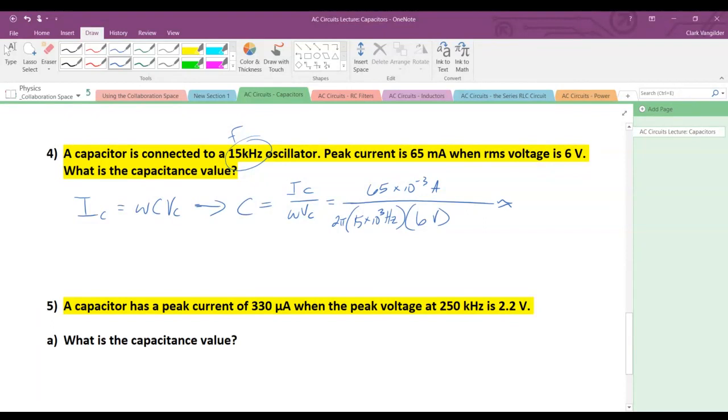Oh, it's RMS voltage. And any RMS value is going to be the peak over root 2, so we need a root 2 jammed in there to make this legit. When you do that, you get 81 nanofarads. So your answer will be 81 times 10 to the minus 9th.